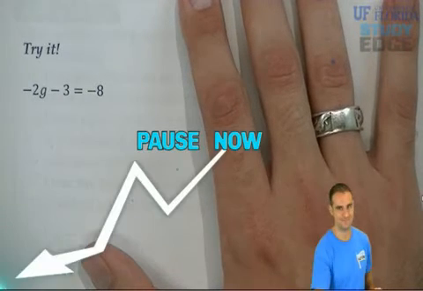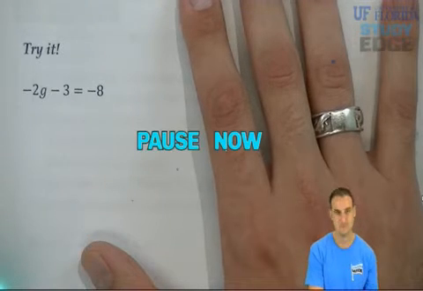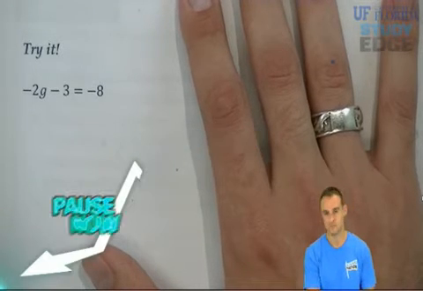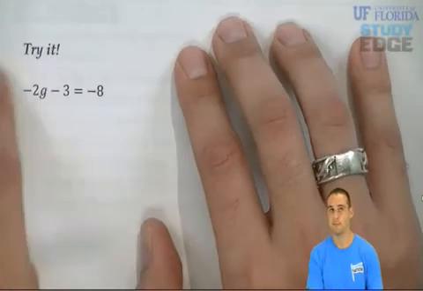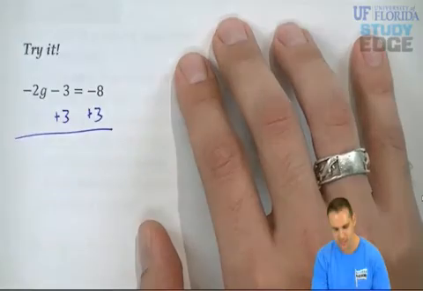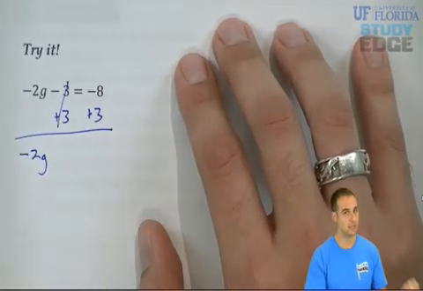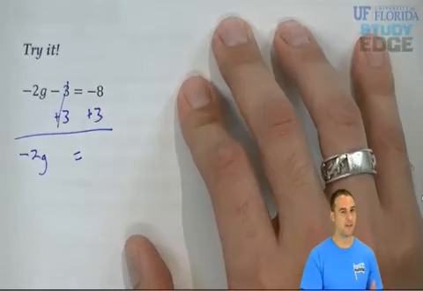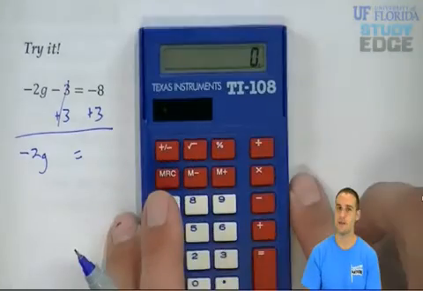Solve for g. Step 1, add 3 to the other side. We're trying to get g by itself. -2g minus 3 plus 3, cancel. -8 plus 3. If you're not sure, you've got this calculator.